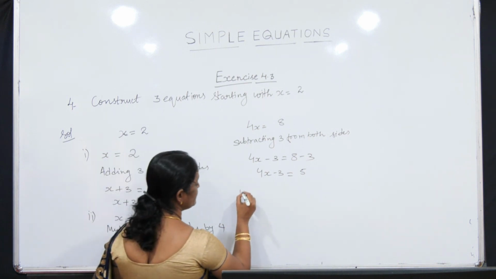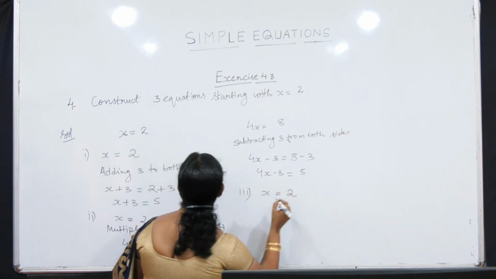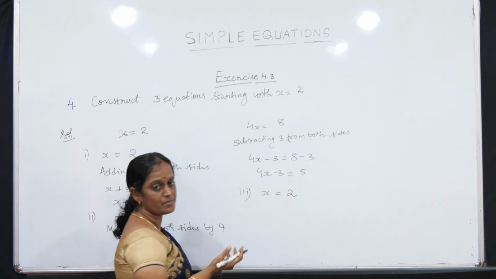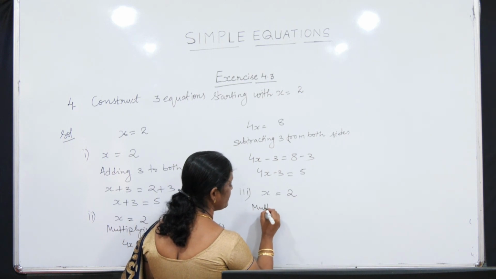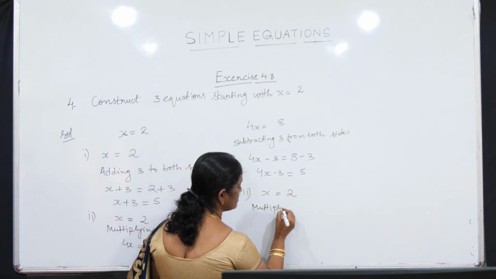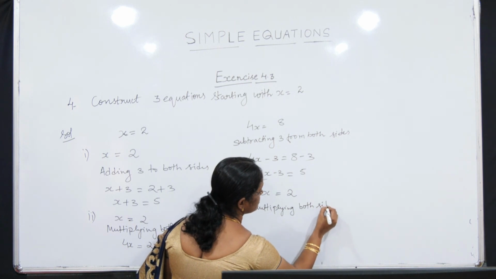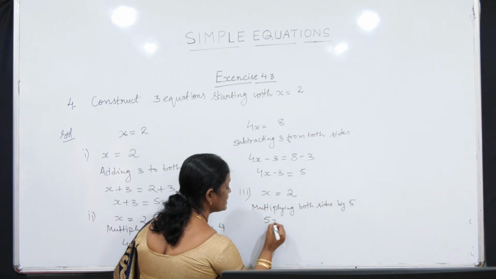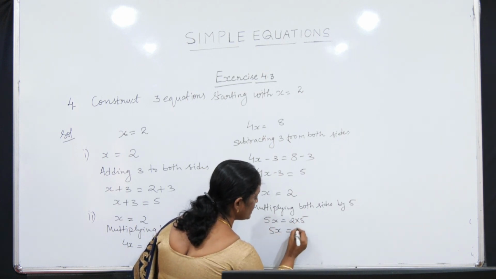Next, third one, the same solution x is equal to 2 here. Now we can multiply by any number, we can multiply by 5, multiplying both sides by 5. What we get? We get 5x is equal to 2 into 5. That is 5x is equal to 10.